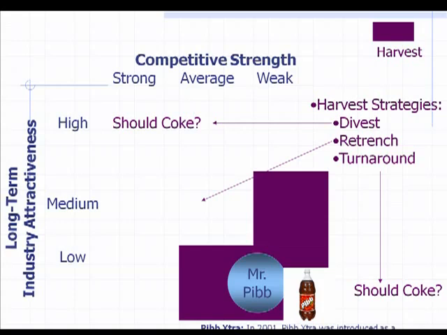I don't know about you, but I don't think I've seen very much activity in that area at all over the last 10 years. And so therefore, my feeling is that Coke is using Pibb Extra in a retrenchment mode. They're cutting costs, which means they're not spending money on it. They're making money on it, and they're using that money in other areas of Coca-Cola's business portfolio.